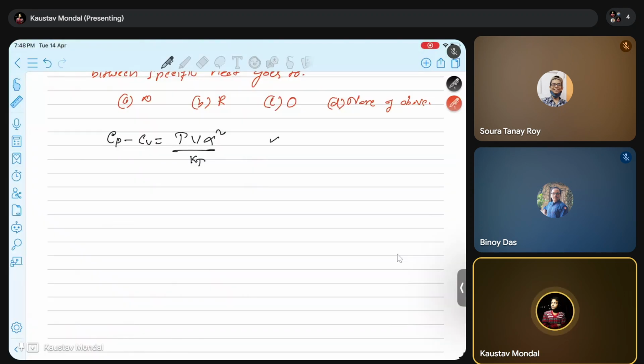So you know alpha already tends to 0 as temperature tends to 0. We have already discussed that in the previous discussions. The volume expansion coefficient basically tends to 0 at absolute zero. That means Cp minus Cv will also tend to 0. That means the correct option is option C.